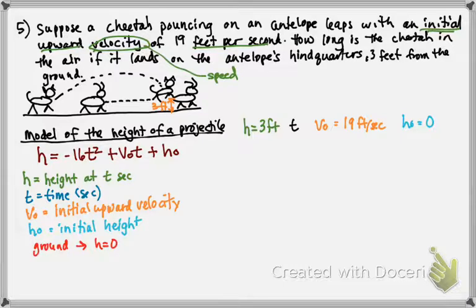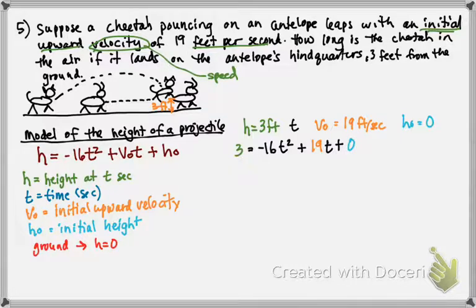So let's go ahead and plug our numbers into our basic equation. So we're going to get that h is 3, and that's going to be equal to negative 16, which is always going to be part of this, t squared, and then plus the v sub 0, which is the 19, times t, and then plus the height that the cheetah started at, which was 0.